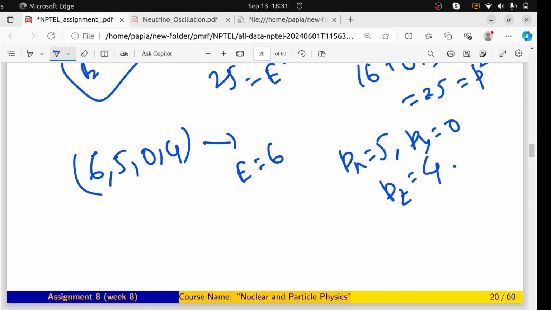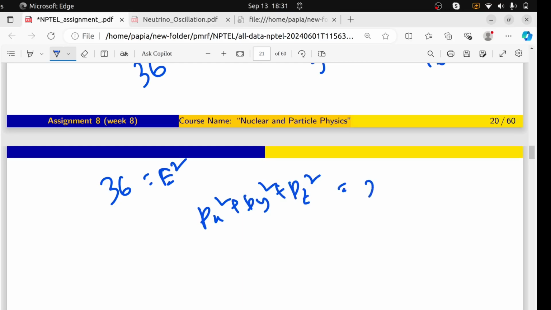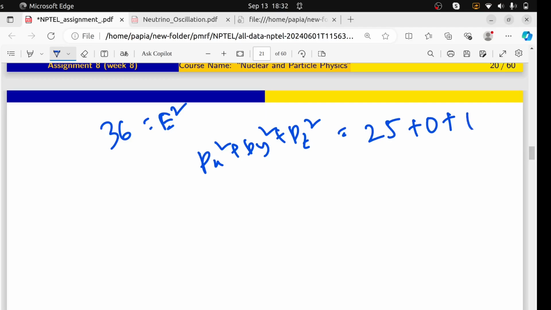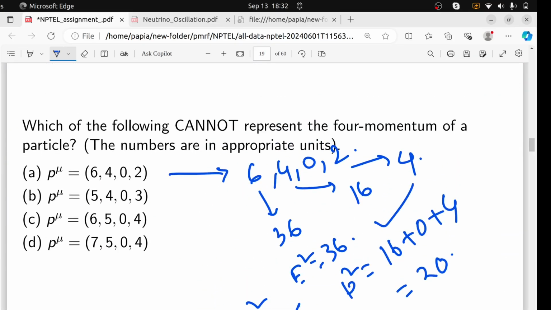E square is 36, and Px square plus Py square plus Pz square is 25 plus 0 plus 16, so it is 41. So E square is less than P square in this case, which is not correct. So option C cannot represent the forward momentum of the particle. Option C is the answer.